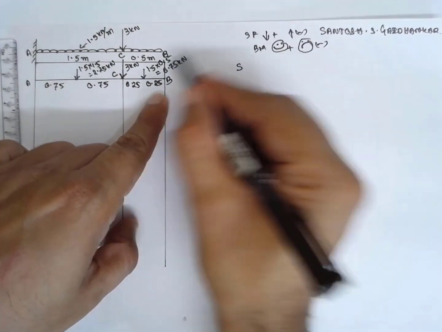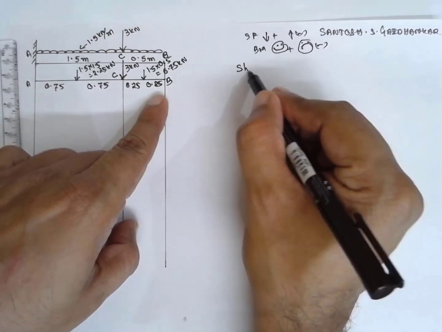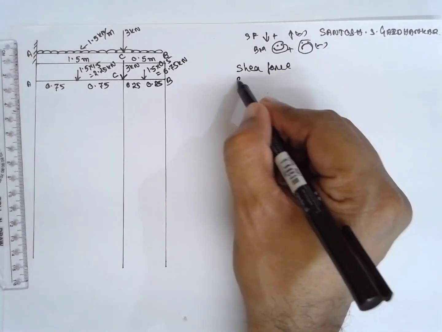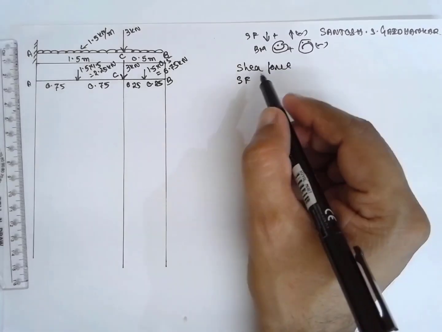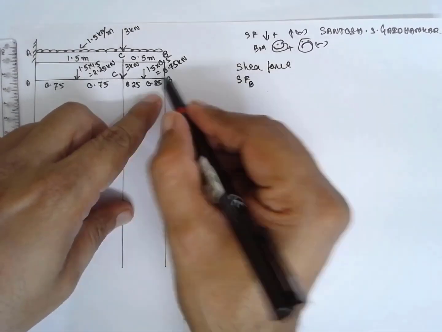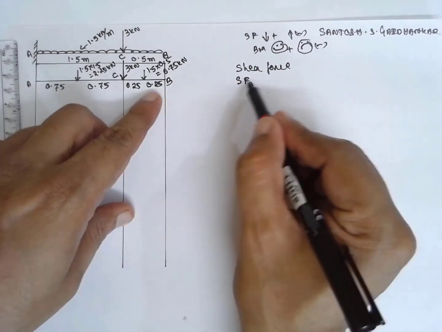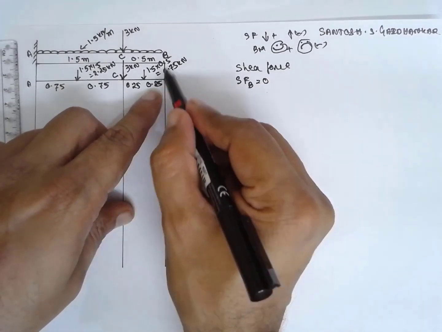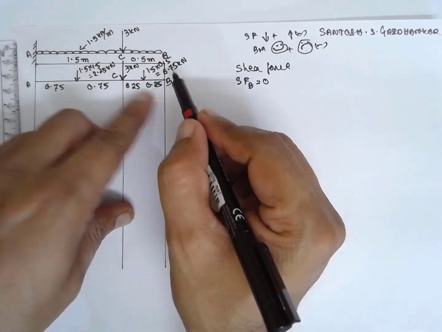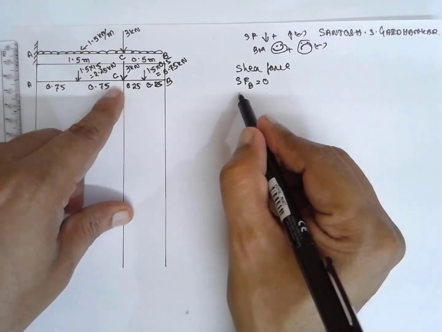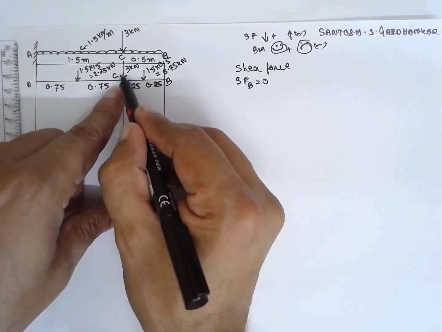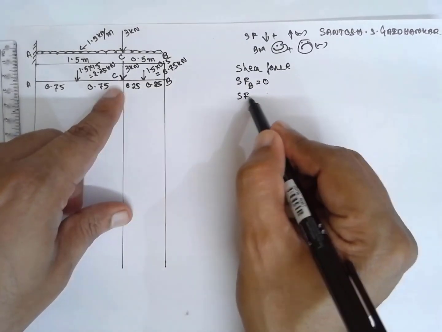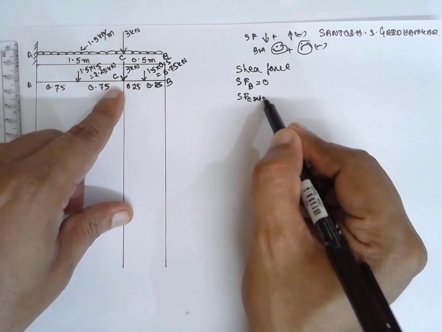Now I am drawing the shear force diagram here. Now SF at B. At B, there is no load. Therefore you have to take a single letter. That is 0. Next SF at C. At C there is a load. Therefore you have to consider left and right. First I will consider right side.